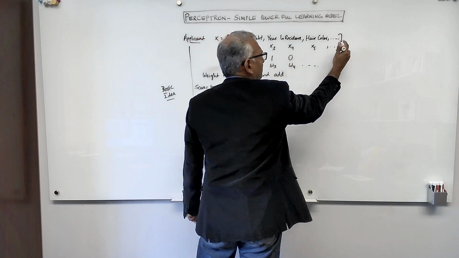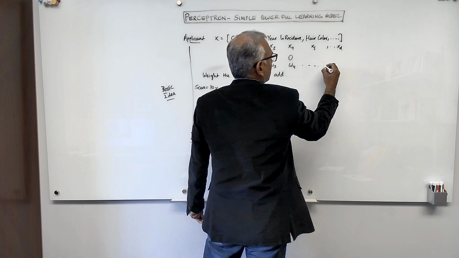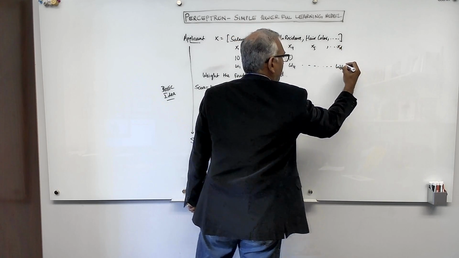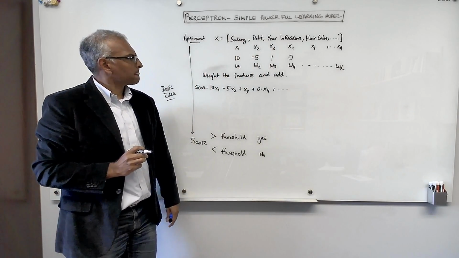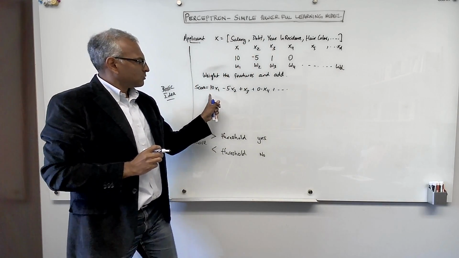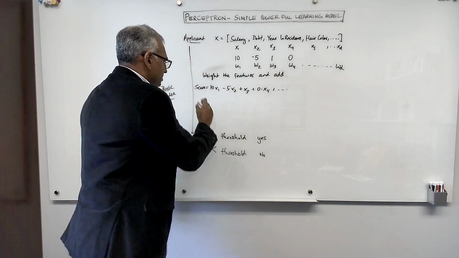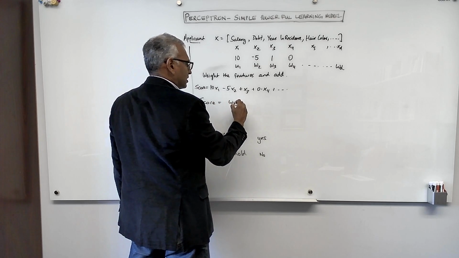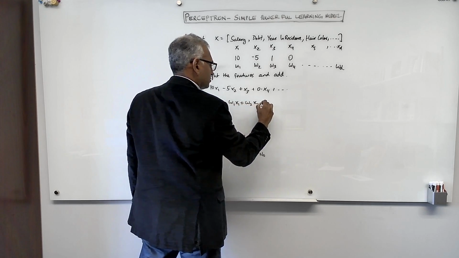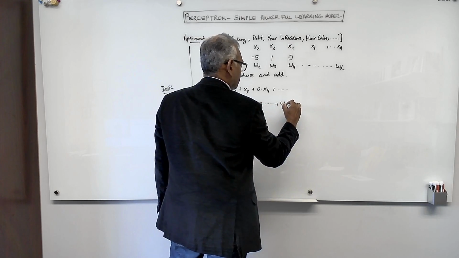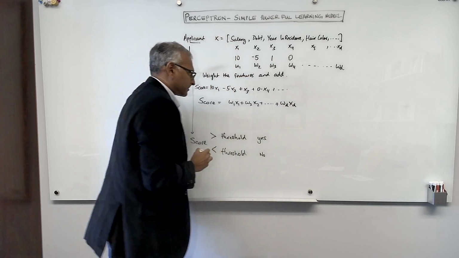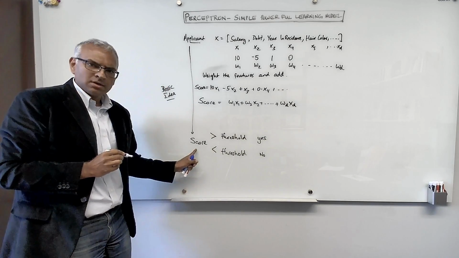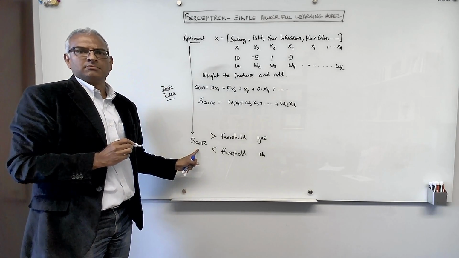If we have D features, then we're going to have D weights, a weight for each feature. And this score, when I put it in this general form, becomes score equals W1 x1 plus W2 x2 plus ... WD xd.